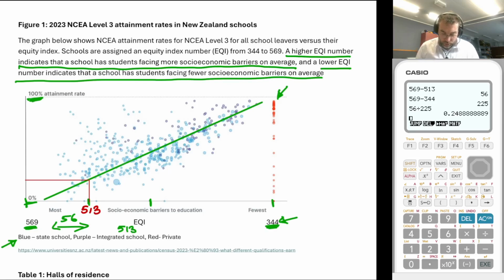According to what I've drawn, I think 513 is somewhere about 20%, maybe 25%. If this is the top and the bottom, halfway would be about here, and this is about a quarter. I make that about 20%.